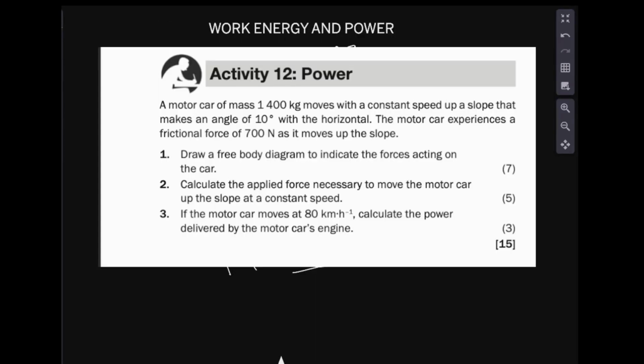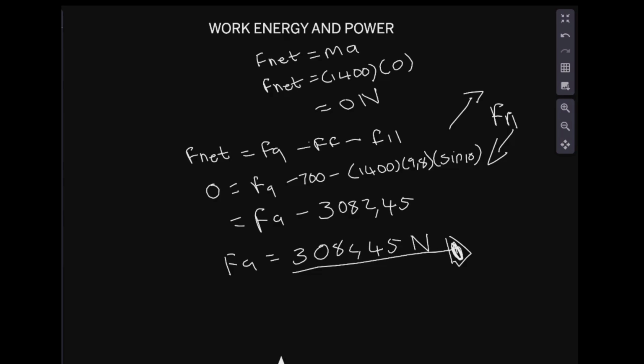Perfect. Now, if the motor car moves at 80 kilometers an hour, calculate the power delivered by the motor car's engine. Now, remember, we're going to say F applied is equal to 3,082.45, right?